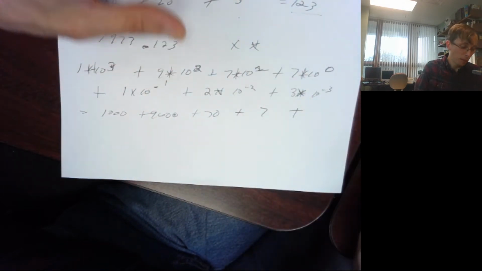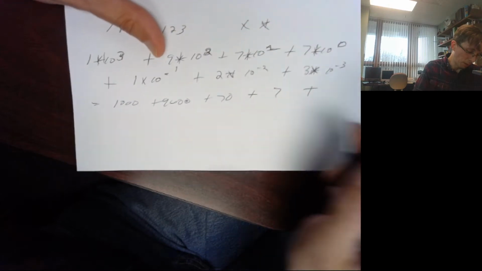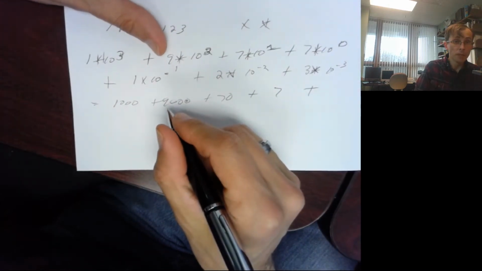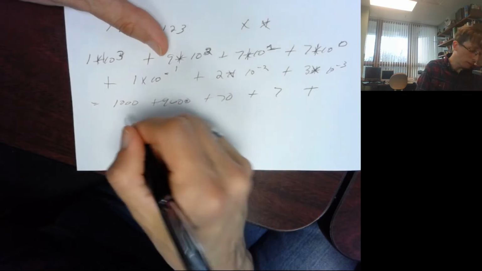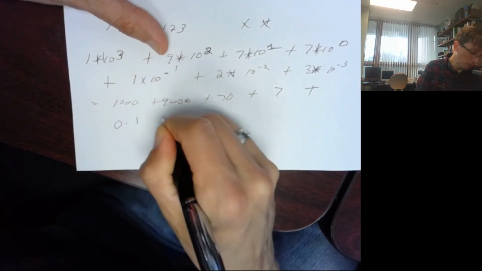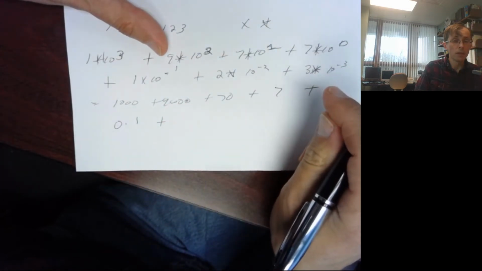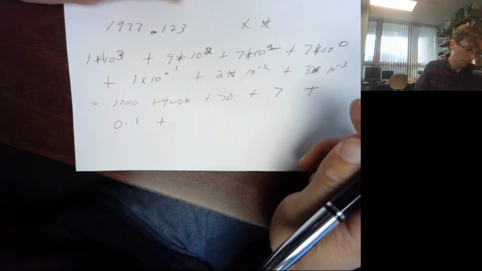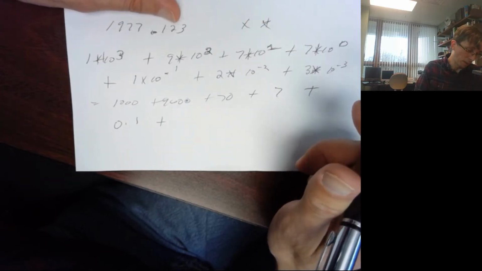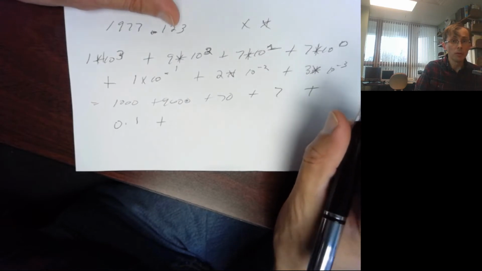And then obviously we have, for the remaining part of that, the 0.1 plus, let's see here, the 2 times 10 to the negative 2nd.